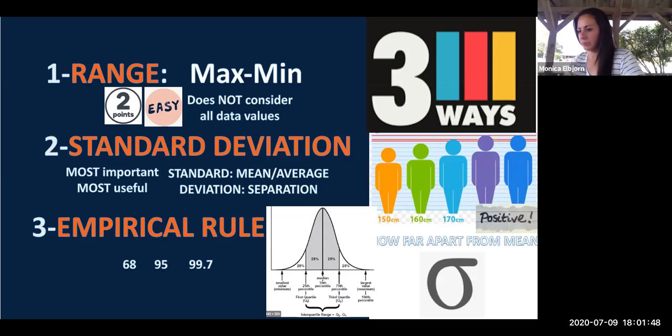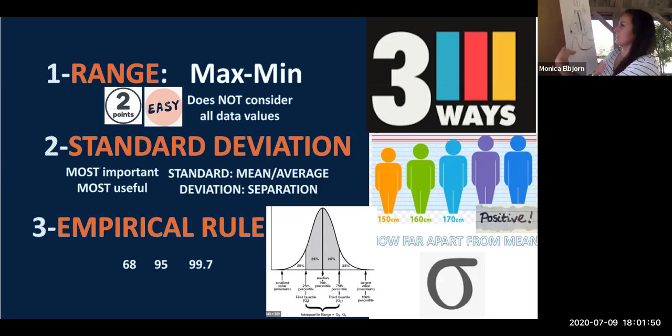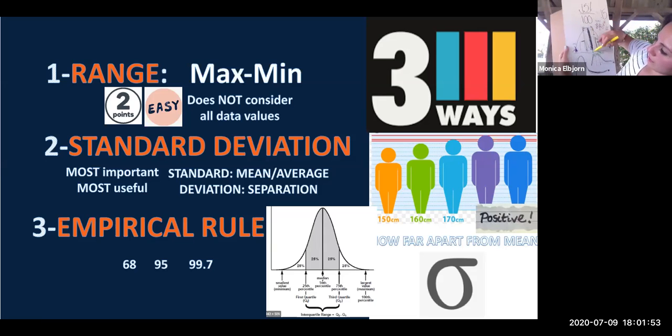So let's see. Sorry that I don't have this very well, but I hope you understand. Let me know if you have questions and we'll go over it next class. So this is 100%, right? You have your data in your histogram, and this is all 100%. If we divide it into half, this is 50%. If we divide it into another half and then another half, this is going to be 25% and this is going to be 25%, and everything goes to 100.